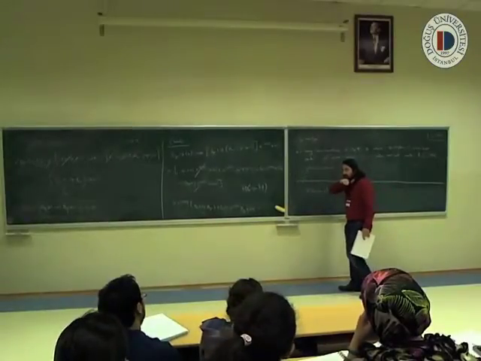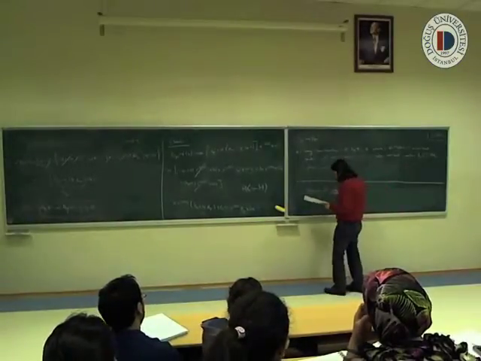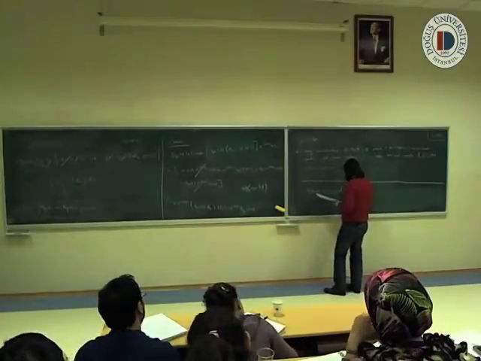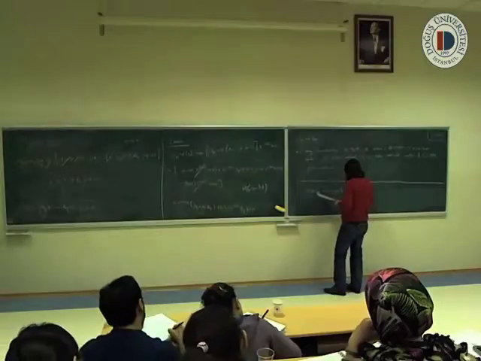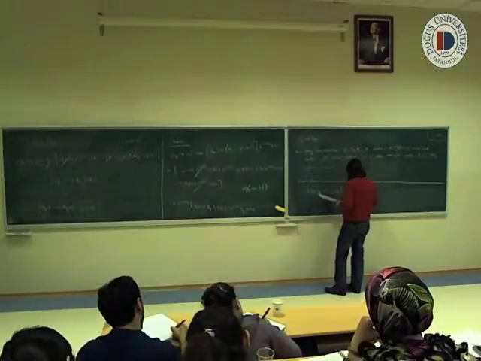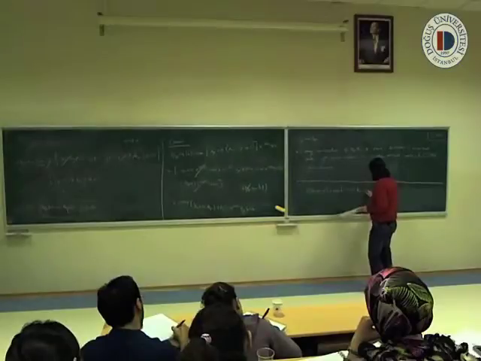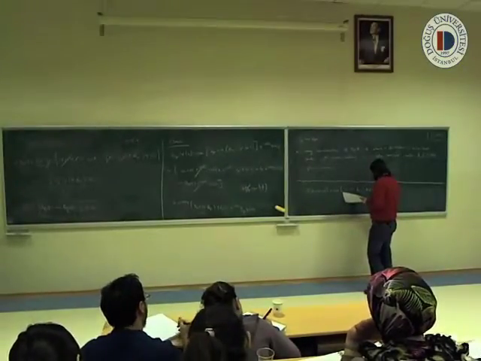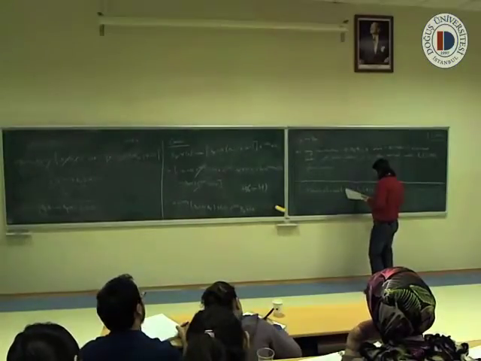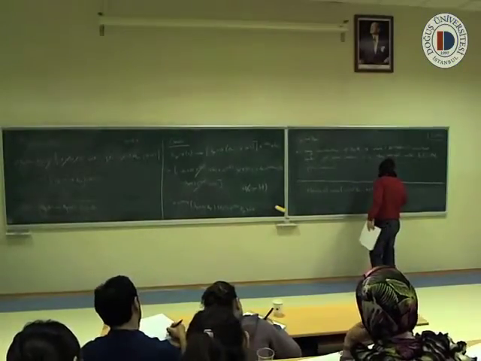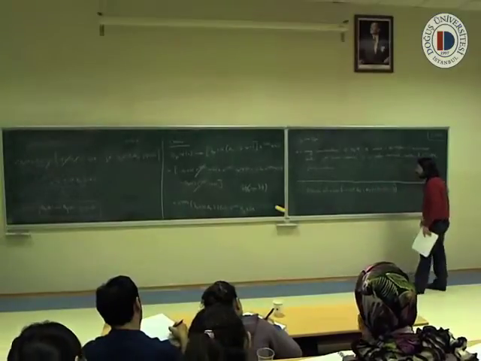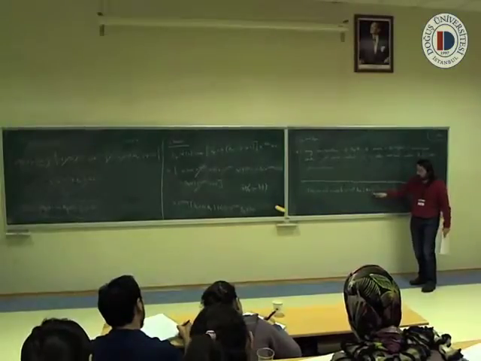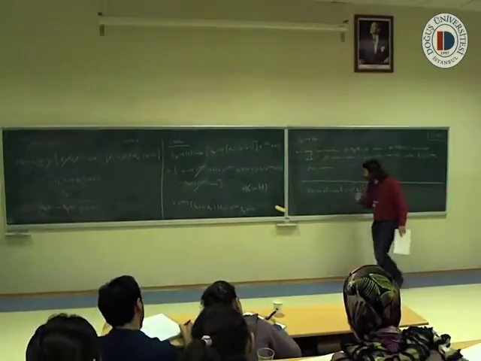To get something non-vanishing, you have to go to the second order, and in the second order it will have this form. This is going to be my second order.